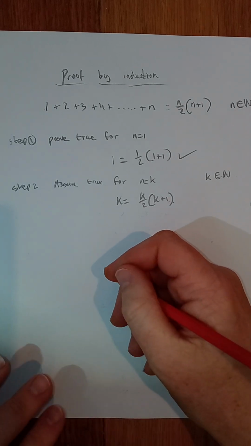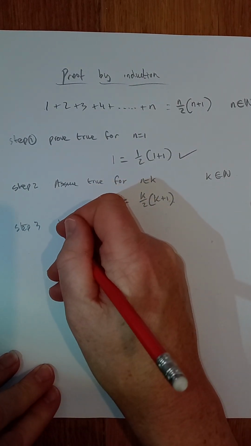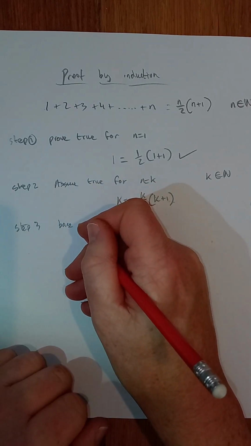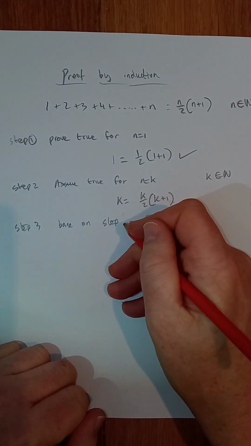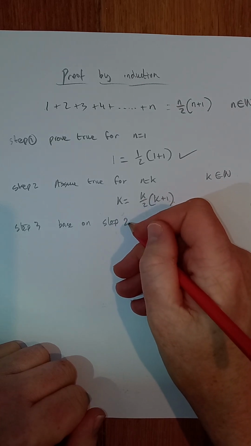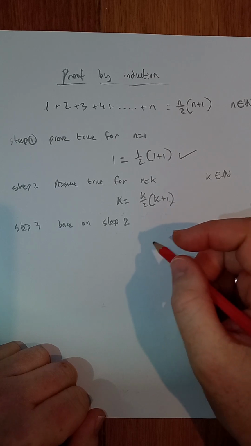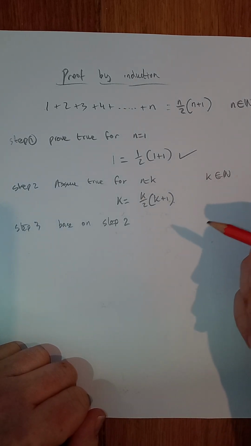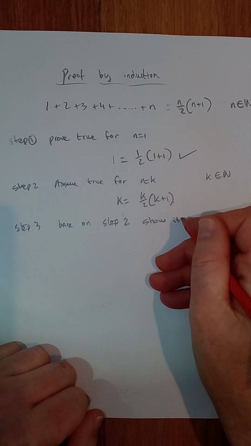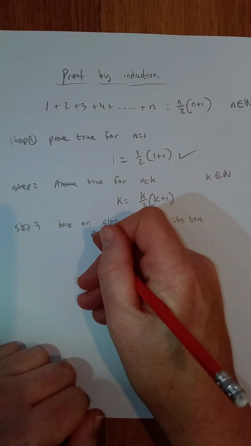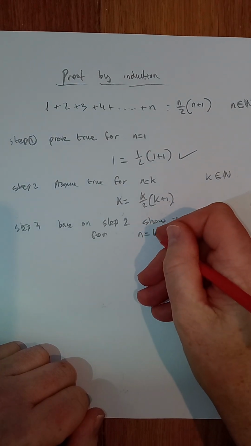Now, step 3. Based on step 2, so these are always going to be the same no matter what, we're going to show it's true for n equal to k plus 1.